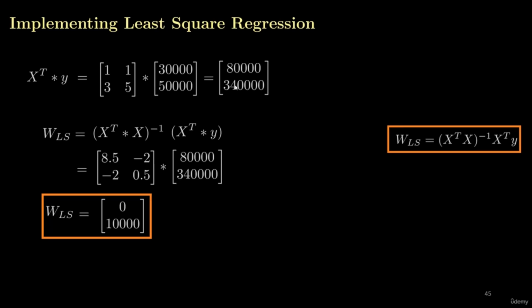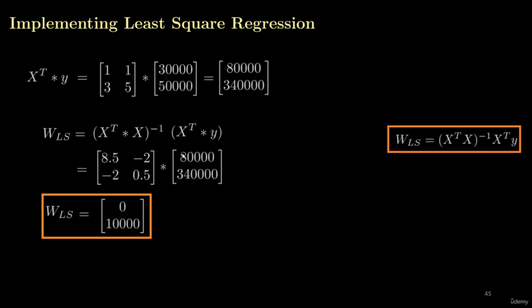Now, the last step is to multiply the inverse of X transpose X with X transpose Y. So we have to multiply these two matrices. We have already calculated this matrix, which is here, and we have already calculated this matrix X transpose times Y. And now this matrix is here. If we multiply these two matrices, the multiplication is possible because the number of columns in this matrix is 2 and the number of rows in this matrix is 2.